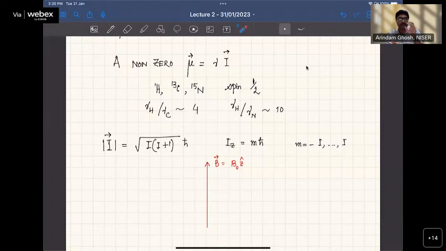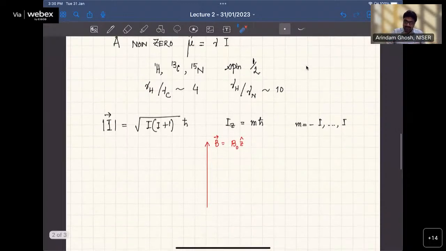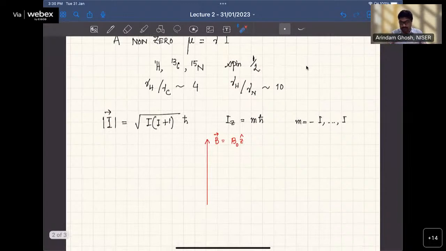If I give you a hydrogen atom, for example, you have an electron, what's the Z direction? Z direction is not defined as long as you are not switching on a magnetic field or an electric field. Electric field is not important in NMR, a magnetic field is. So the moment I switch on a magnetic field, whatever direction that is, I define that as my Z direction. And then with respect to that, these magnetic moments are going to align.